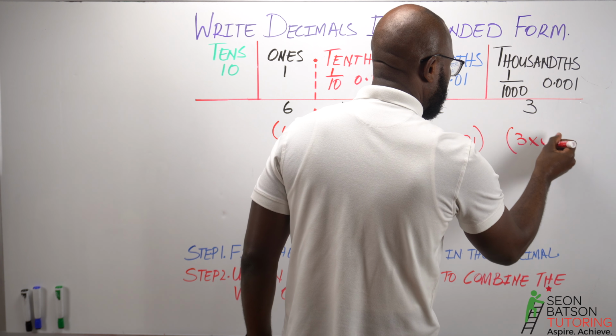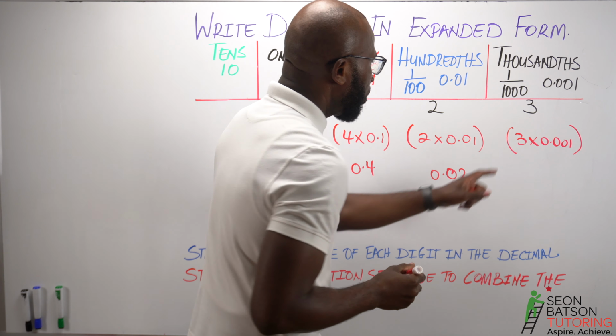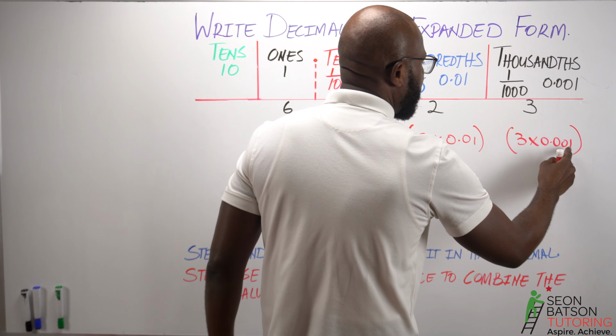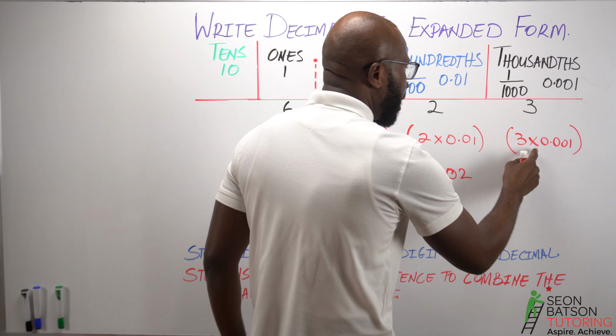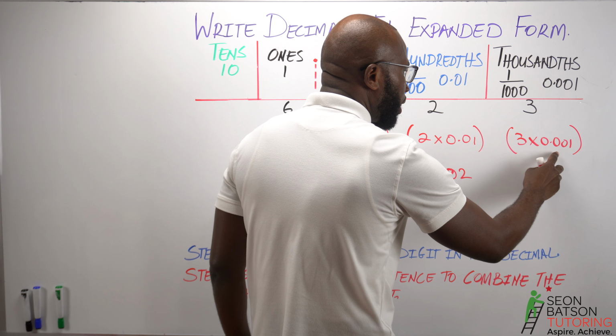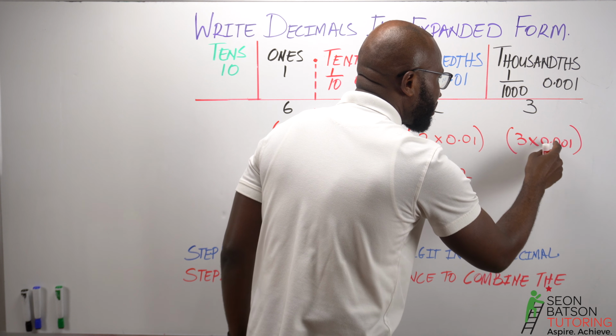3 times. And again, what would be the product of 3 times 1,000th? Well, remember, 3 times 0.001 simply means we have 3 1,000ths, or 3 0.001.